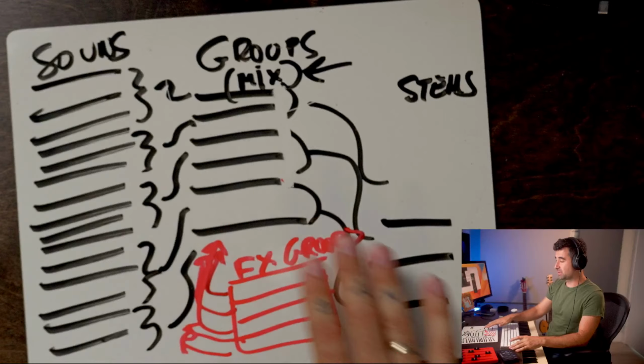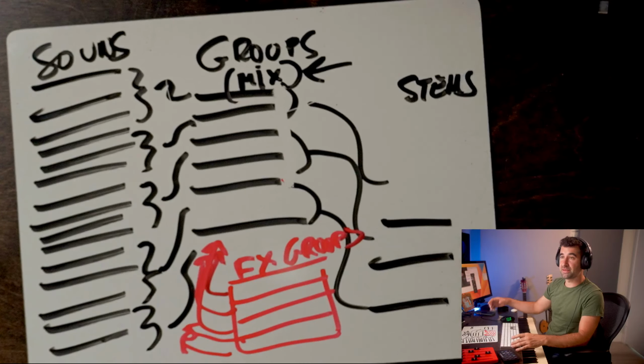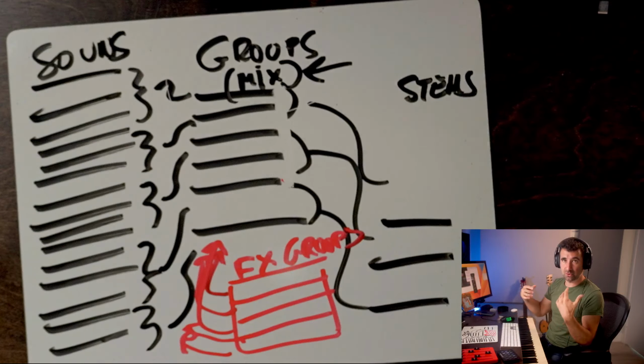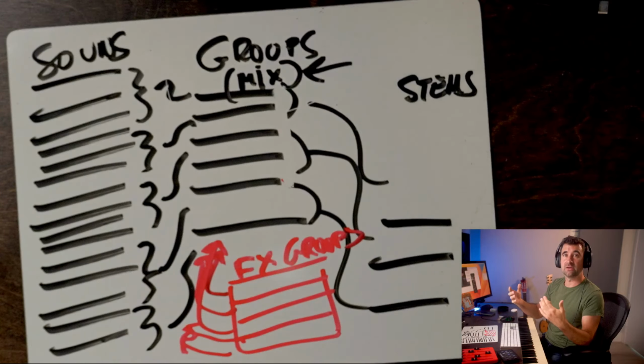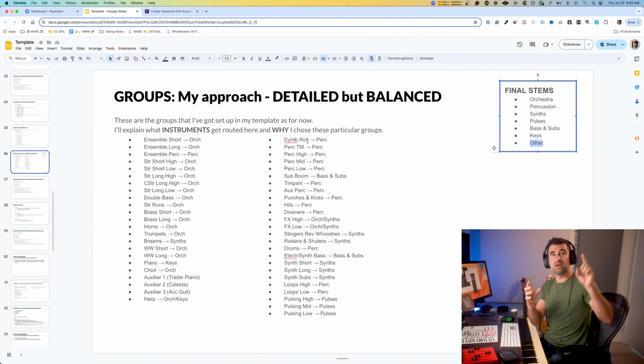Tracks, groups, stems. The stems are what I export at the end of a cue to send my files for DAP mix. DAP mix is not mixing; it's the file that we send at the end of a movie to the DAP mixing engineer, who's the person who's going to mix your music, which is already mixed, with dialogue and sound effects. It's the final mix of the movie.